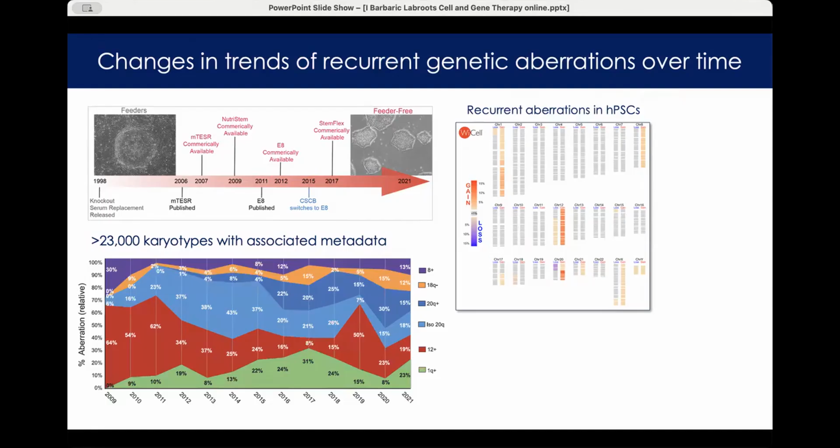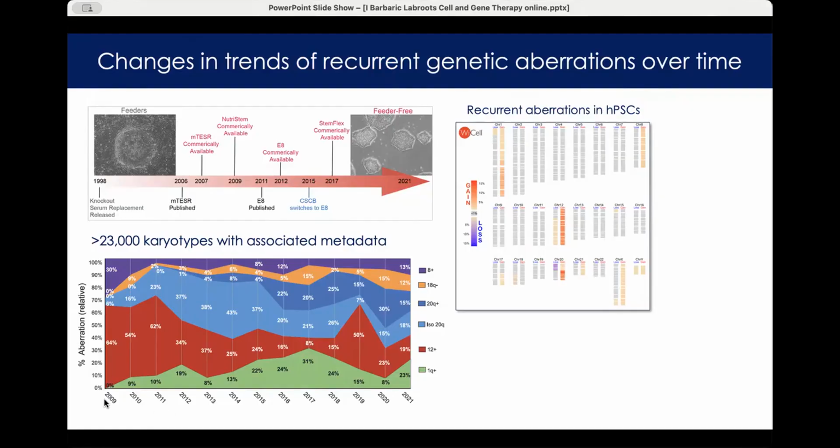We took the 6 most common karyotypic aberrations in the data set and plotted these aberrations over time, with respect to the year in which they were detected. And this showed us a really striking graph exemplifying that these aberrations are not constant. In other words, we do have changes in trends of genetic aberrations over time.